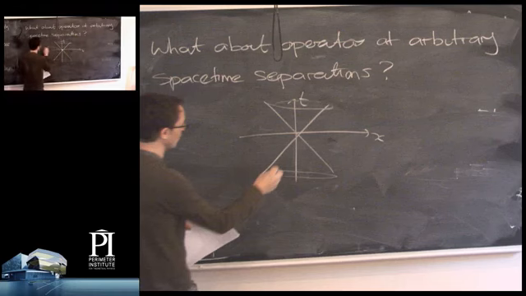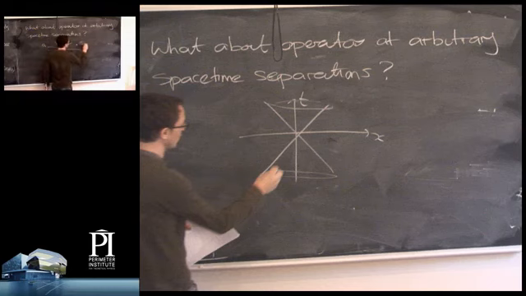Let's suppose there's some operator O1 inserted here, and some other operator O2, which we're going to take outside the light cone. And we want to know what's the commutation relationship between O1 and O2.